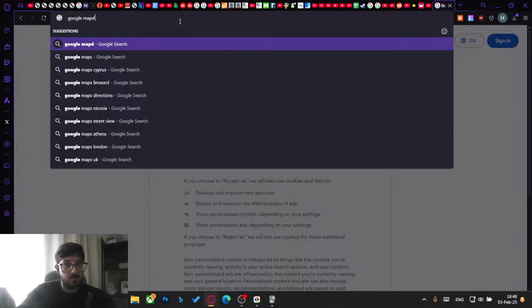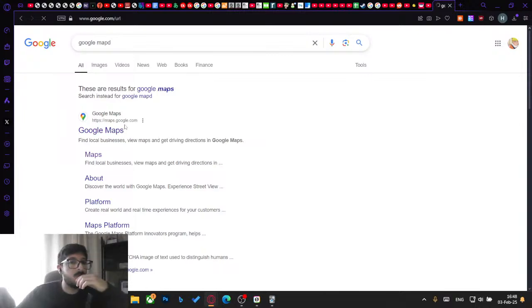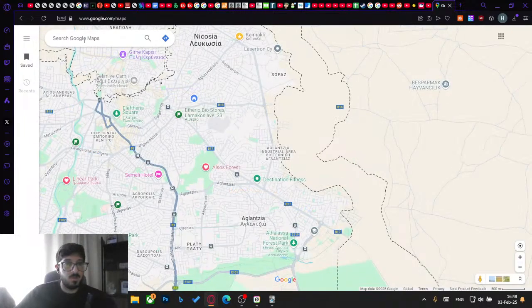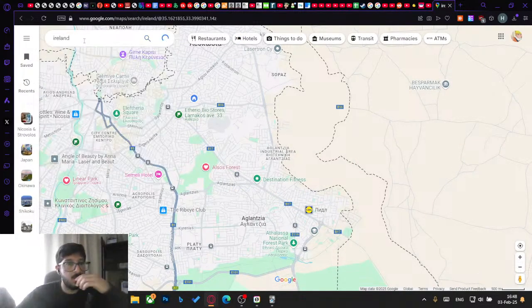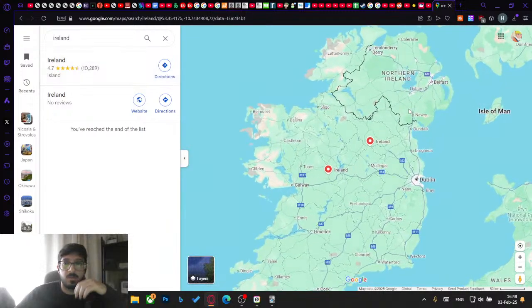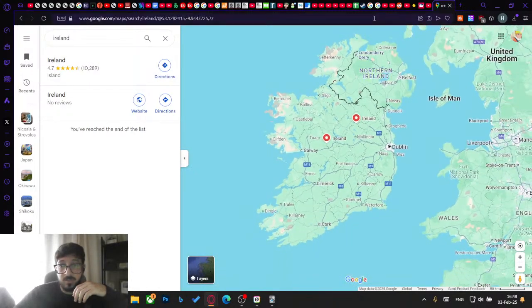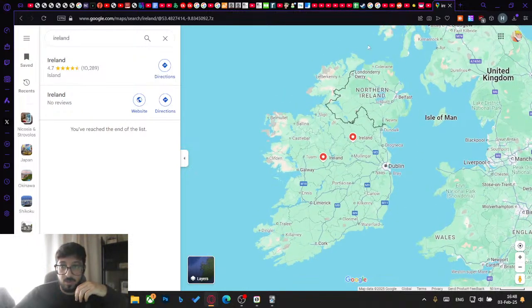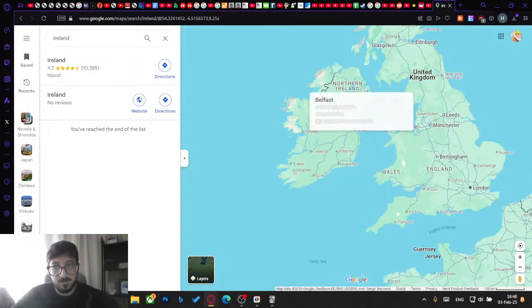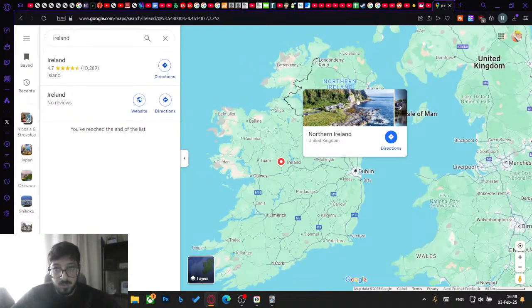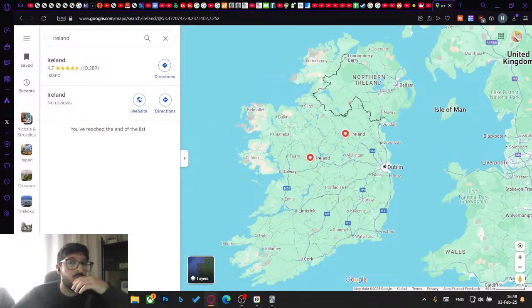Google Maps. Okay. Ireland. Northern Ireland. It's the whole island. It's exactly the same position as Cyprus. I think Irish people want Belfast. Yeah, is it Belfast? It is Belfast. And I think there were wars in Belfast.